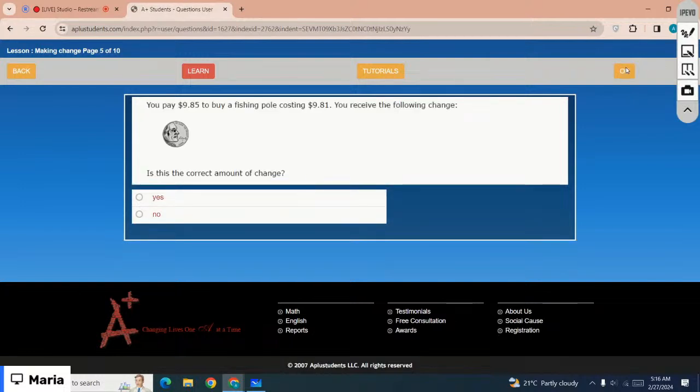Okay, you pay $9.85 to buy a fishing pole costing $9.81. You receive the following change. So is this the correct amount of change?